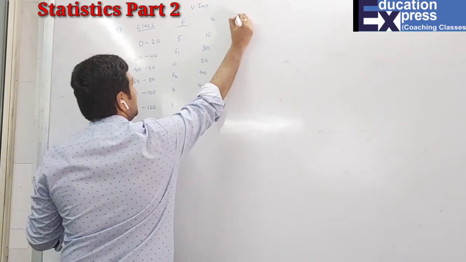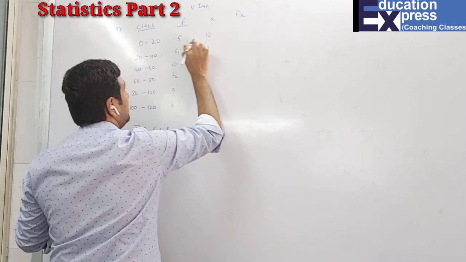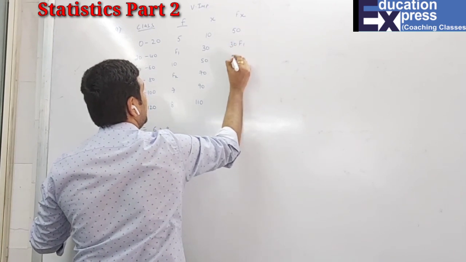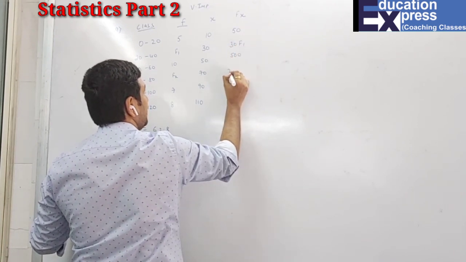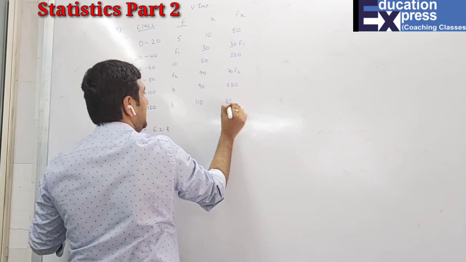Now fx: 5 tens are 50, 30 f1, 500, 70 f2, 630 and 880.